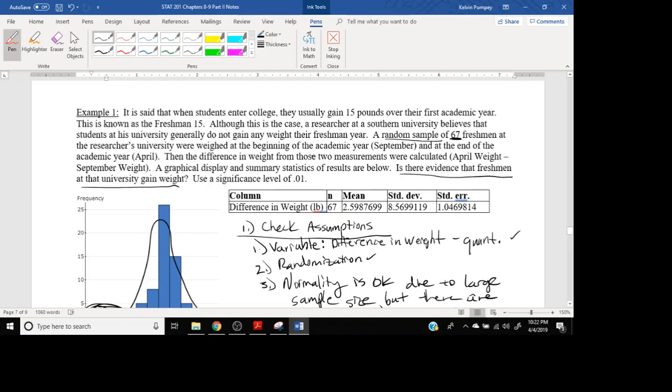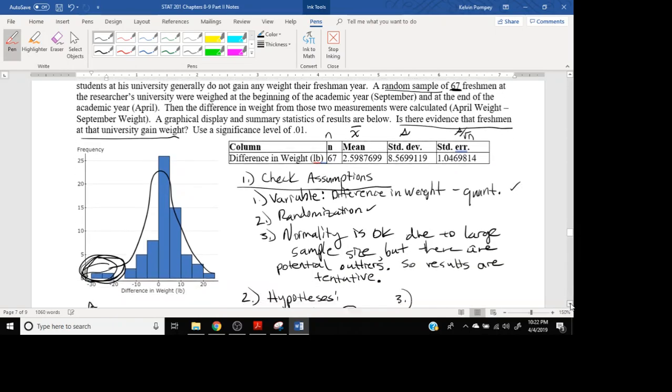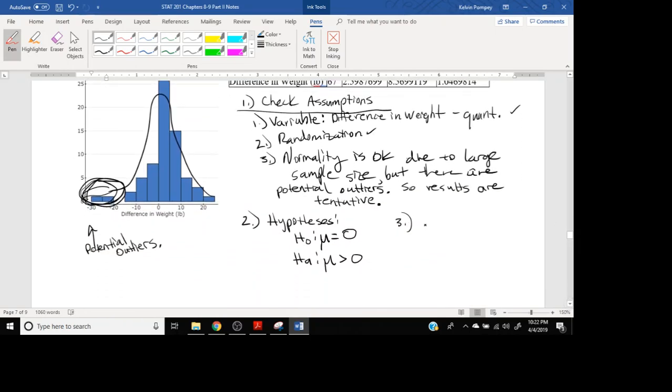There's no mention of any population parameter in this write-up here. But we do know our sample mean, X bar, our sample standard deviation, and our standard error, that's S divided by the square root of N. And then, of course, we have our N. So we don't have population values, we have sample values. That means we're going to use a T statistic because we don't know sigma.